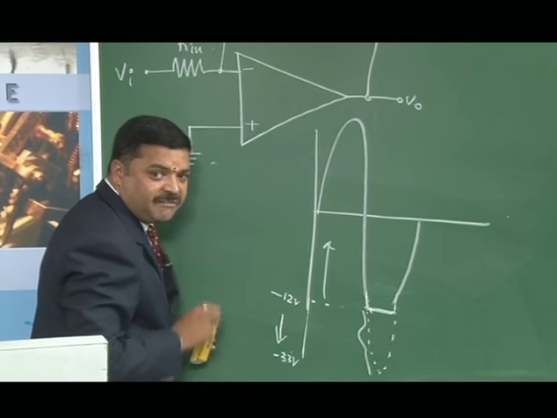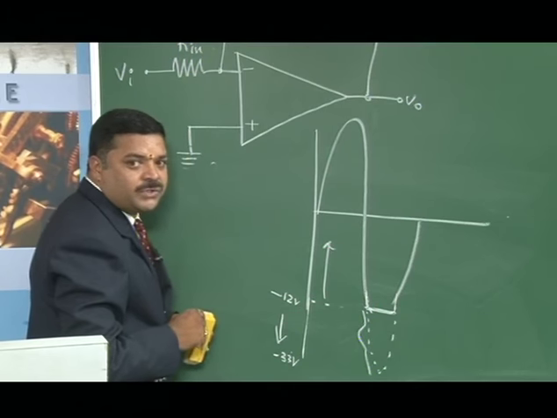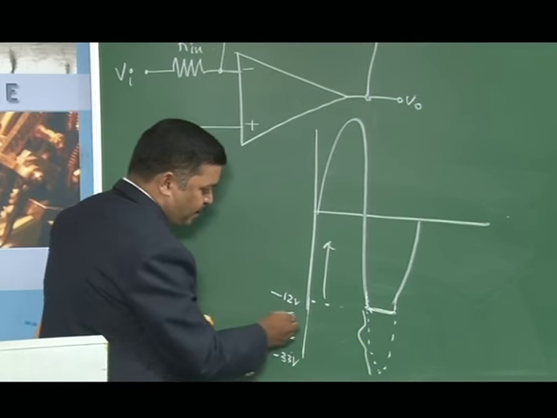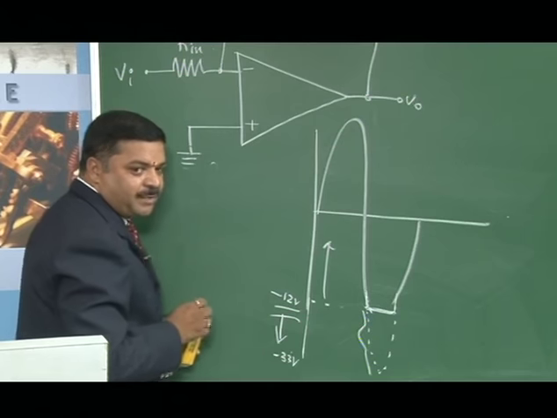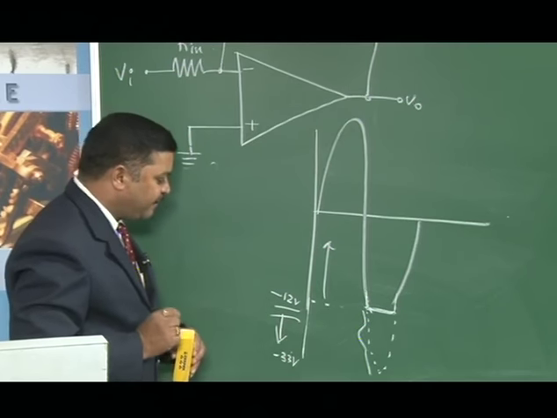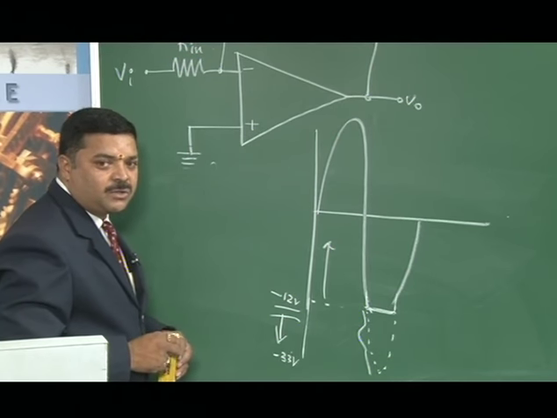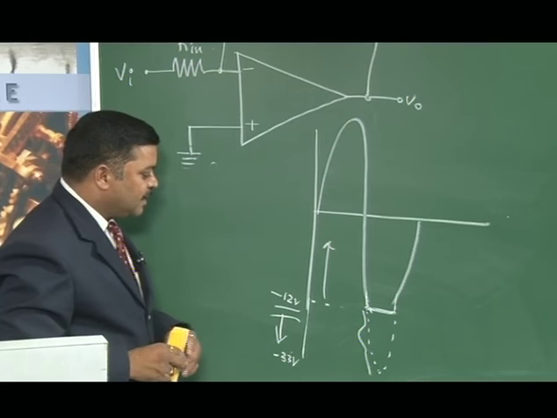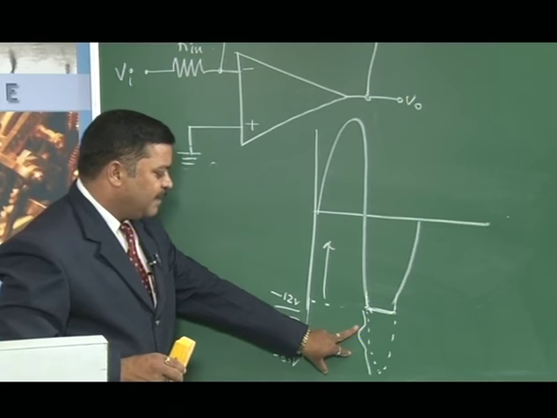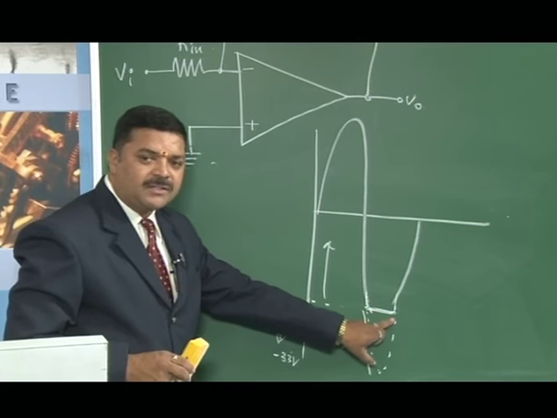Therefore, this is not a valid input, we can say. Vi is equal to minus 3 volts is not a valid input. Therefore, in the problem we have come across two cases. Case 1, Vi is equal to 0.5 volts, case 2, Vi is equal to minus 3 volts. Case 2 does not exist here, because although it exists, we will get a distorted output.